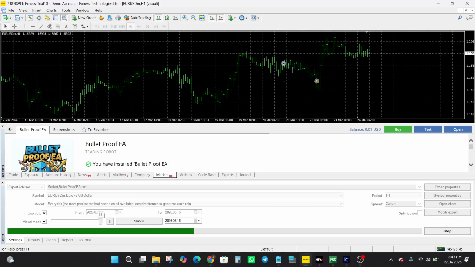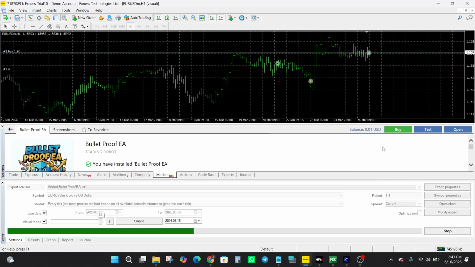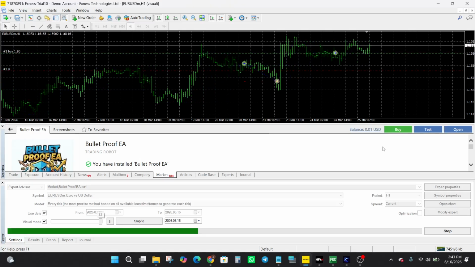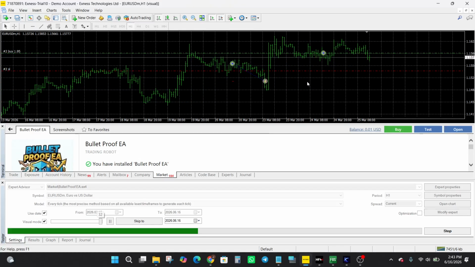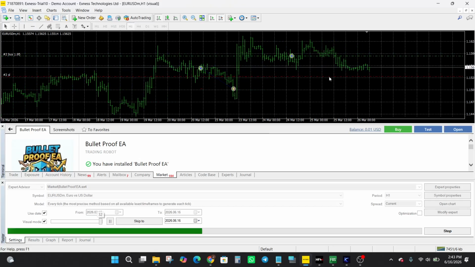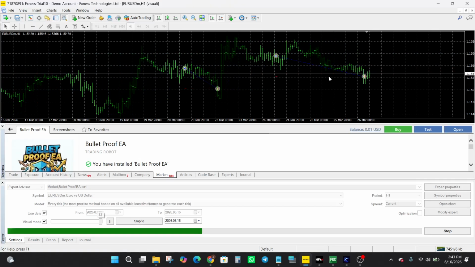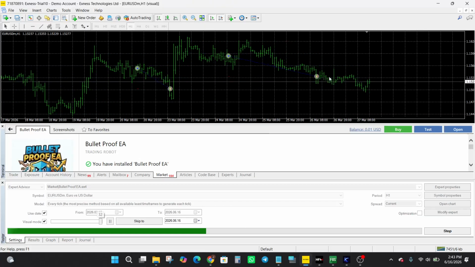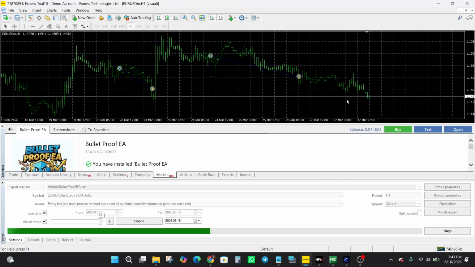Looking at the historical testing performance overall, it is important to remember that results can vary significantly depending on risk settings, lot size, broker execution quality, spreads, slippage, market conditions, and user optimization choices.